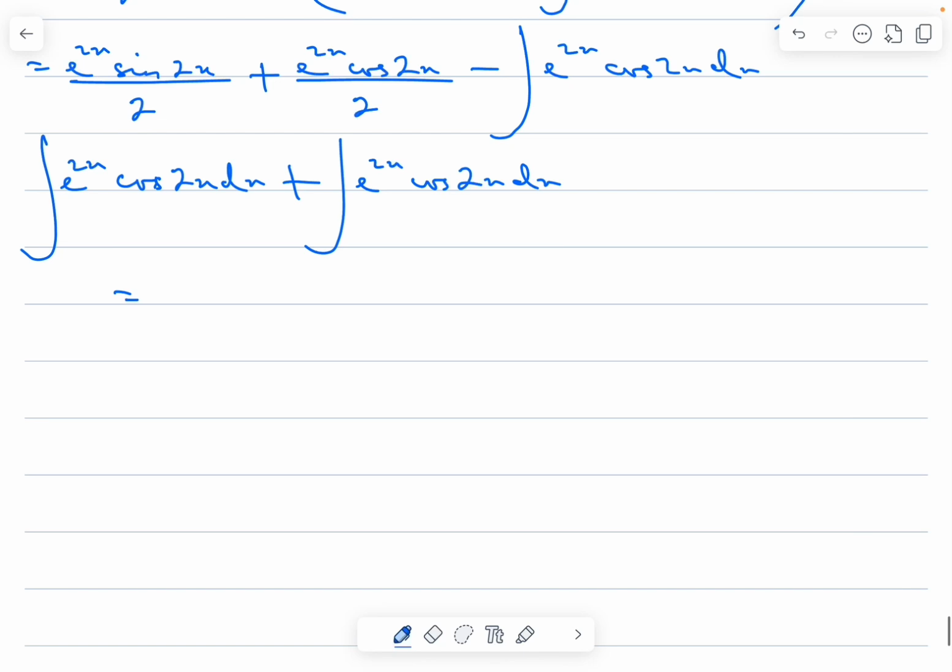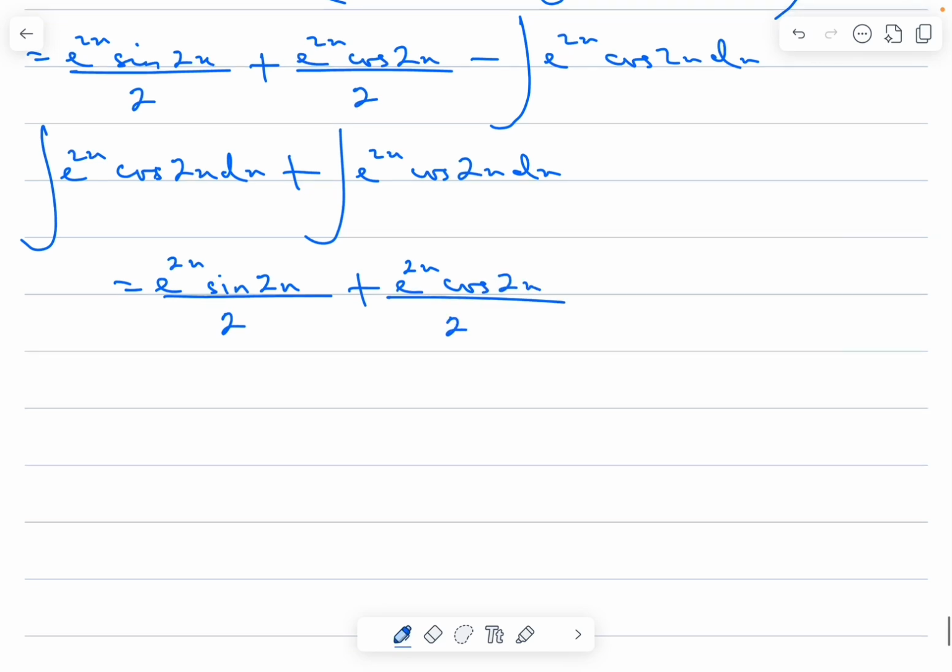It will be equal to e raised to the power 2x sine 2x over 2 plus e raised to the power 2x cos 2x over 2.